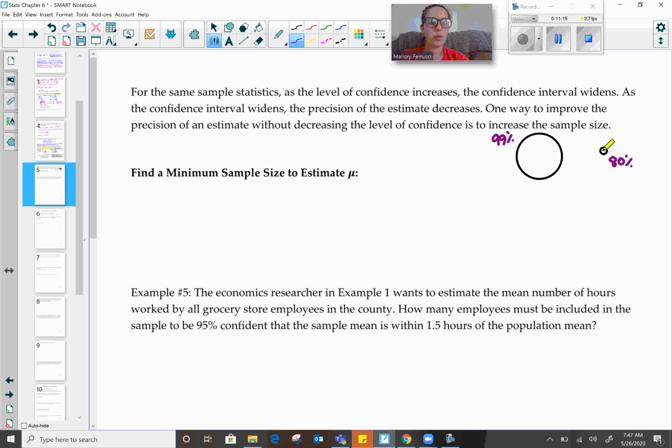So one way to improve the precision of an estimate without decreasing the level of confidence is to increase the sample size. So we are going to find a minimum sample size to estimate mu.